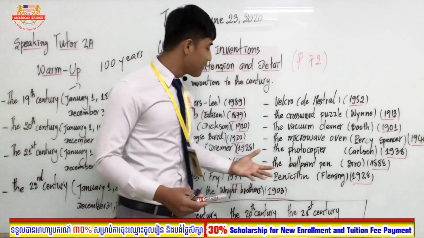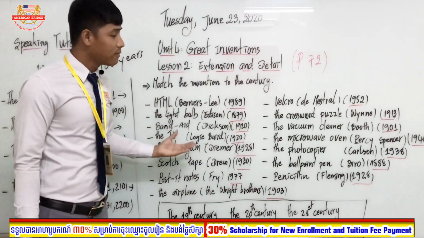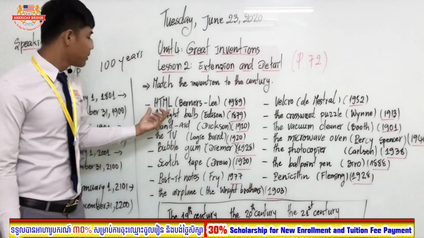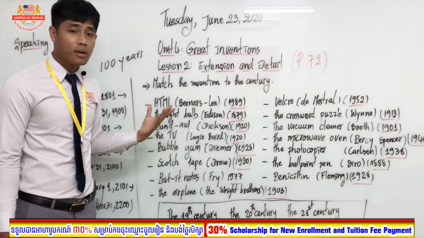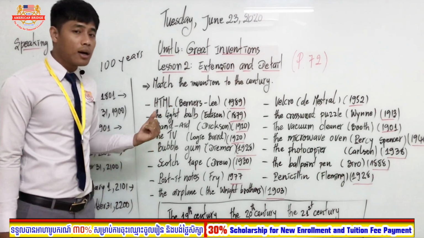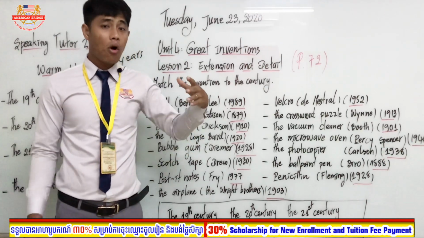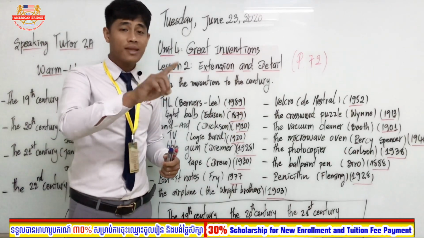Okay, so now that's all with this, everyone. Do you understand all the inventions, all of this? You do, right? Again, HTML is like the code of the computer. We can say it like this. If you go to YouTube, you can open the browser of YouTube, and then you can point somewhere.